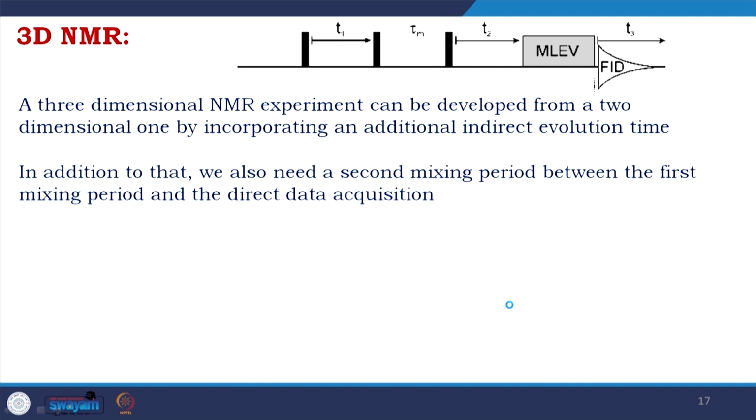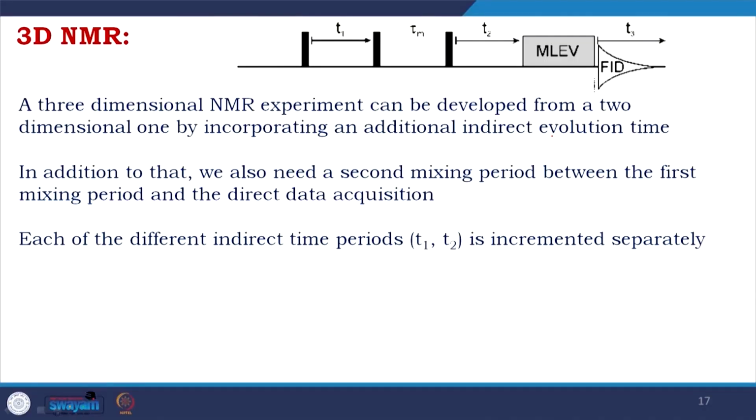So, now you could include more indirect evolution times and you could add dimensions. So, we talk about 1D NMR, 2D NMR, and now 3D NMR. This is how we take 1D, make it 2D, and then make 2D into 3D, and then we continue in that way in higher dimensions.